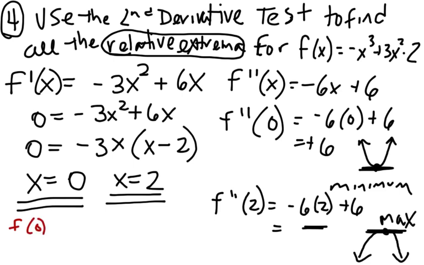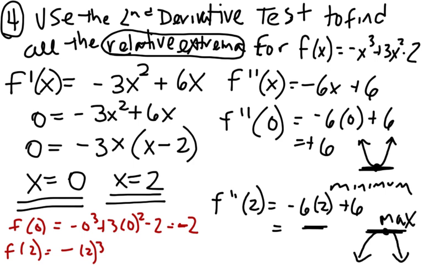F of 0 equals negative 0 cubed plus 3 times 0 squared minus 2 is negative 2, and f of 2 is negative 2 cubed plus 3 times 2 squared minus 2, which gives me negative 8 plus 12 minus 2, that's 2.